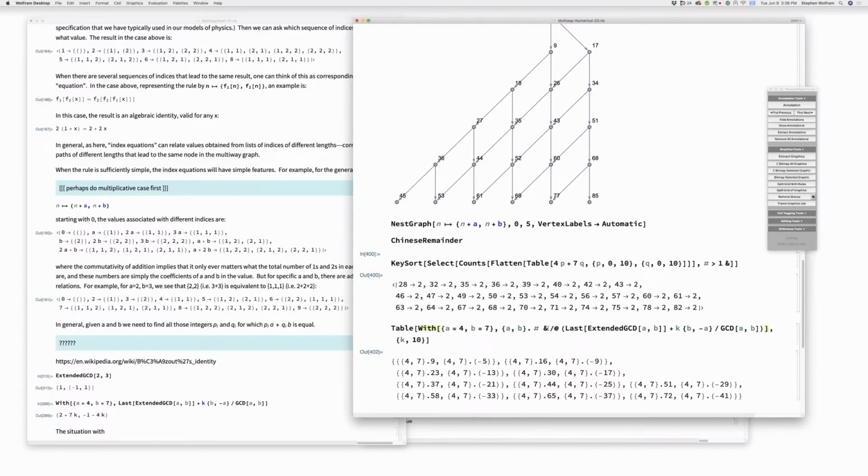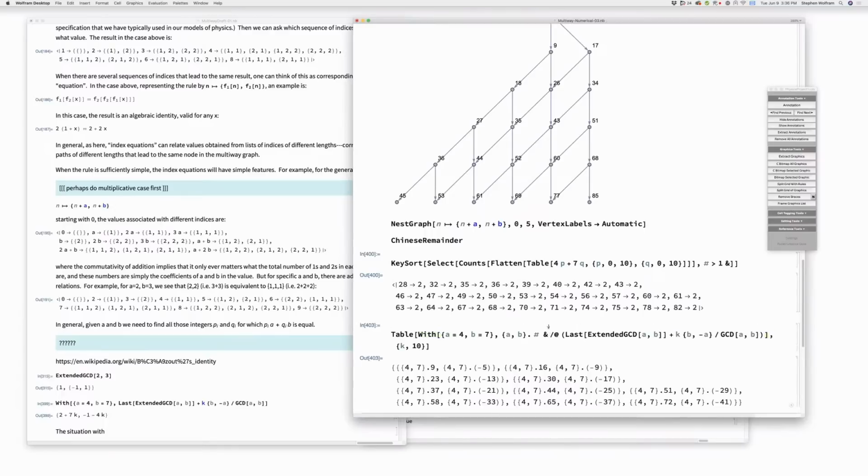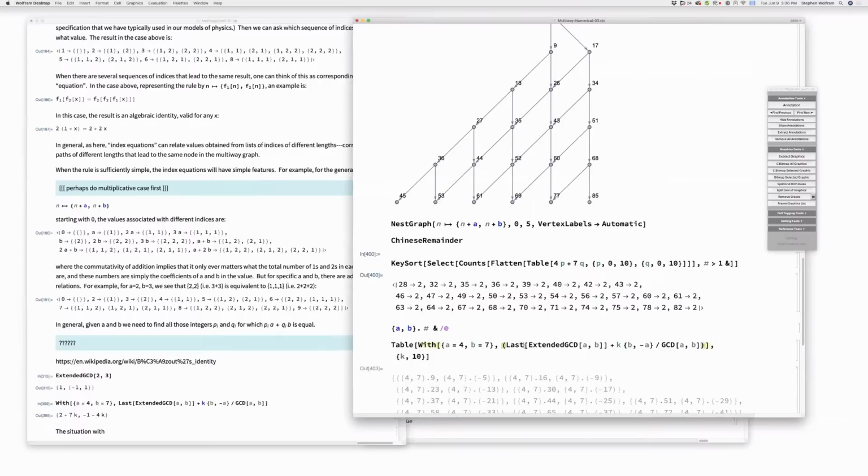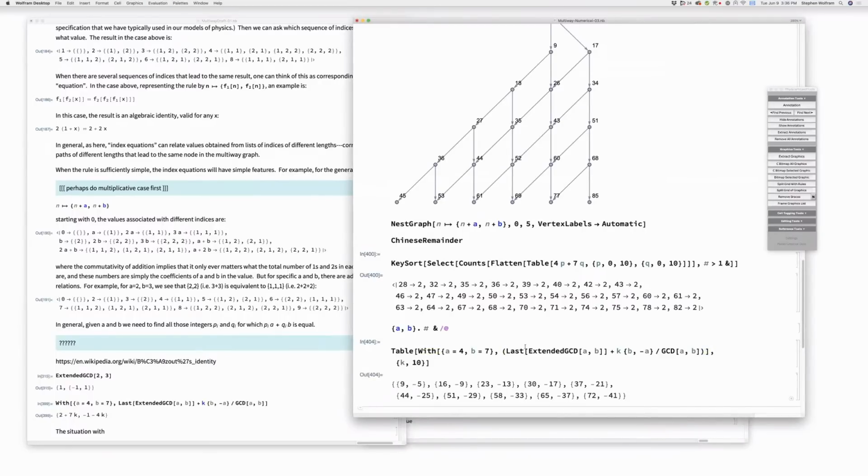What did I do wrong here? Help. K goes up to 10. Okay, that's a list of lists. Oh, I see what's wrong. You should put it outside the table. Yeah.